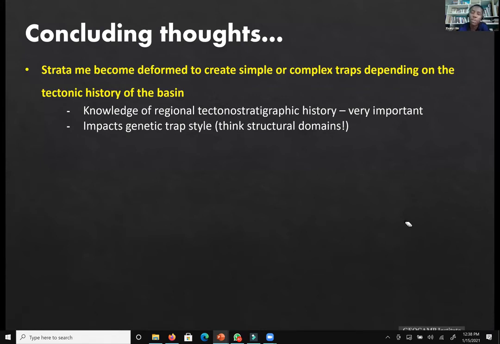For example, if you think of the thrusted anticline plays and the unconformity plays, you know where to find them, and you know that each of these trap styles has its inherent risk. So it helps you figure out things ahead of time, even before doing detailed evaluation.